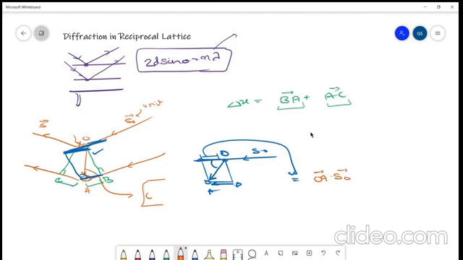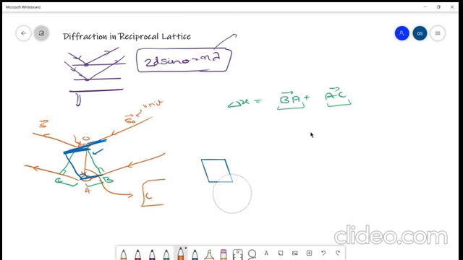If we take a component of OA vector along S0, it will give this length, and this vector is nothing but our BA vector. So we found that BA vector is nothing but the component of OA along S0.